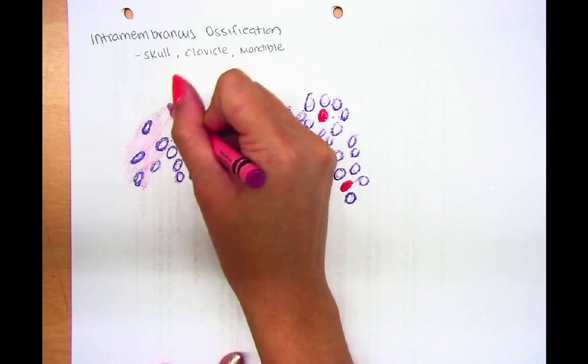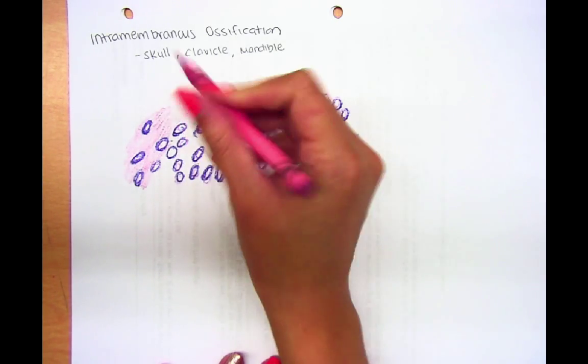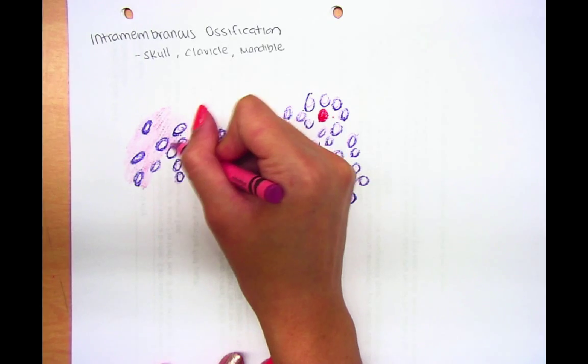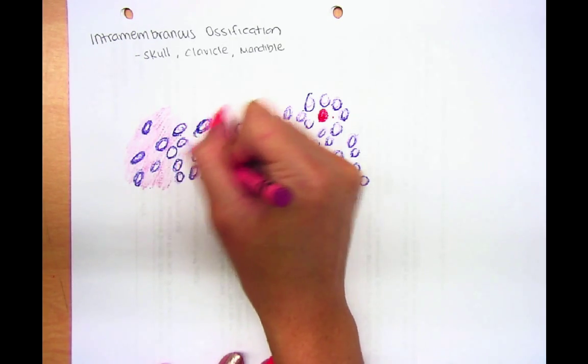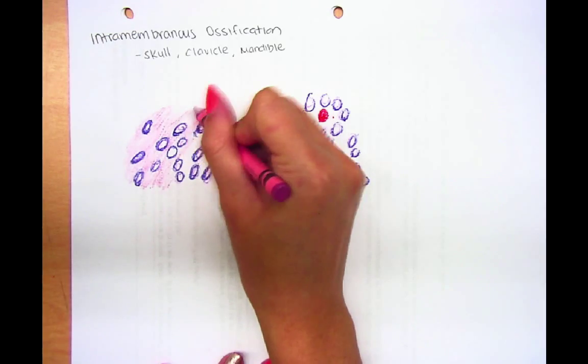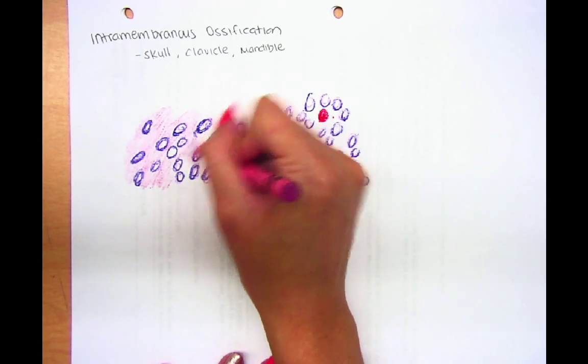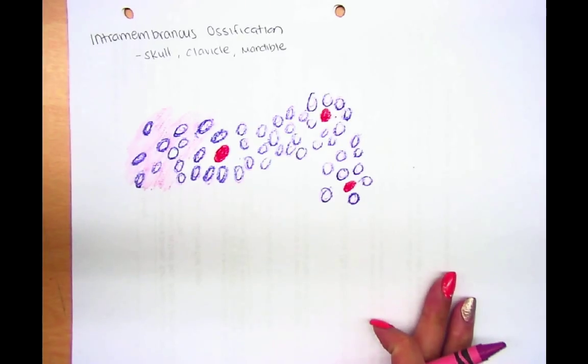Collagen, that tough protein. And when you have an osteoblast and it makes enough matrix to completely cover itself.